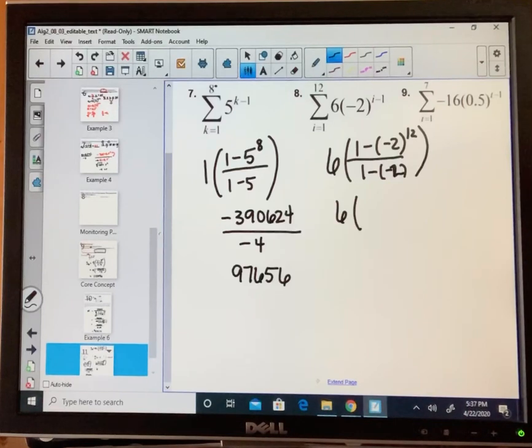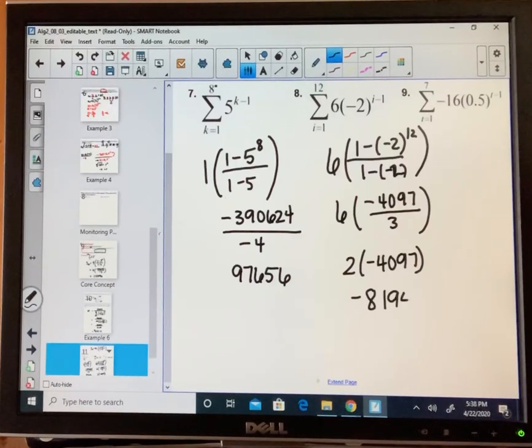Negative 2 to the power of 12, minus 1. Get negative 4097. Divided by 1 minus negative 2 is 3. 6 divided by 3 is 2. 2 times negative 4097 is negative 8194.